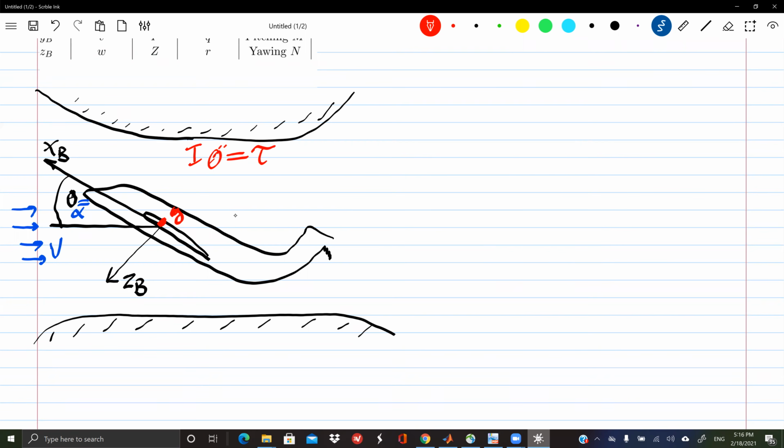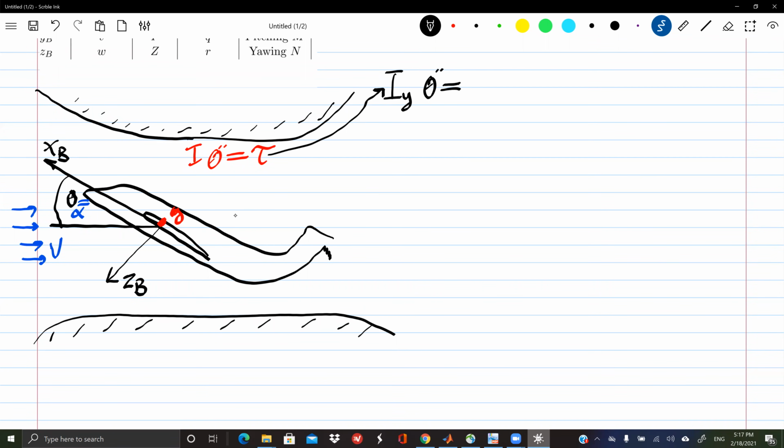And in our language, let's be a little more professional: this I is actually I_Y, because this is about the y-axis. I know that we have 3 principal moments of inertia of the airplane, X, Y, and Z. This is about Y, because it's into the page, and it's I_Y theta double dot equals the torque.